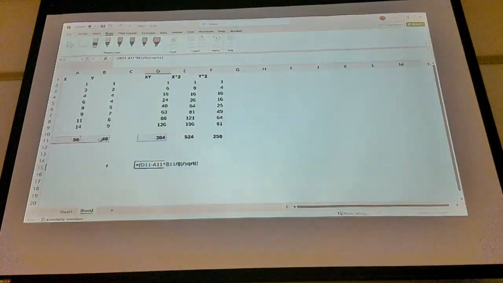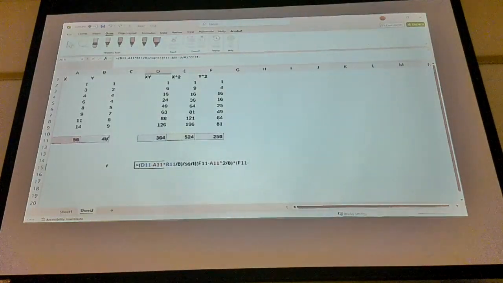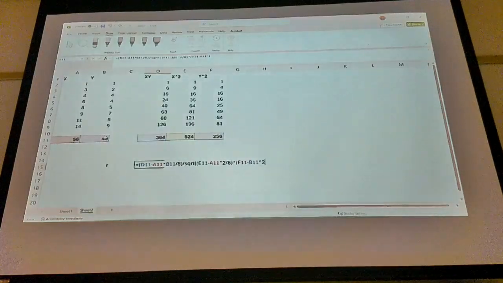Sum of x squared, minus the sum of x, squared, divided by n, times sum of y squared, minus sum of y, squared, over n.